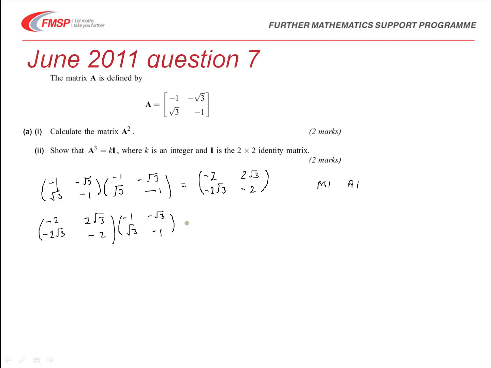And so if we do that, we're going to get, you can see you've got -2 times -1 in the top row with the first column, and a 2 root 3 times root 3, which is root 3 times root 3 is 3 and 2 times 3 is 6, and then the 2 that we got, making that entry 8.